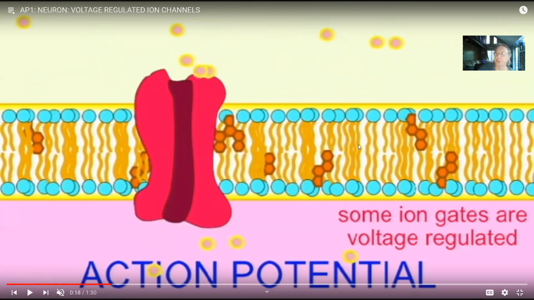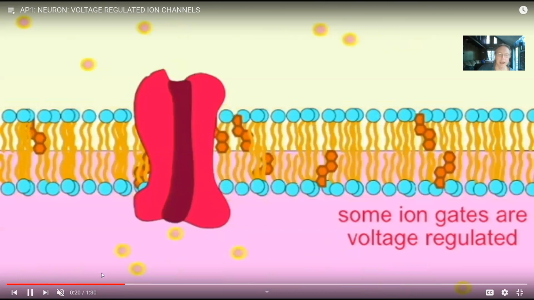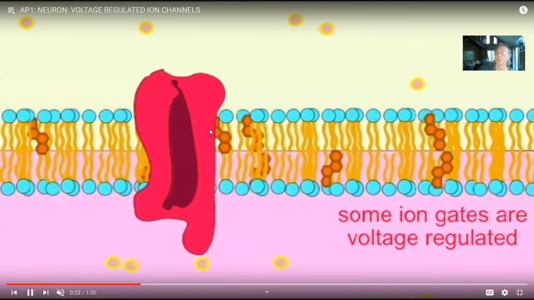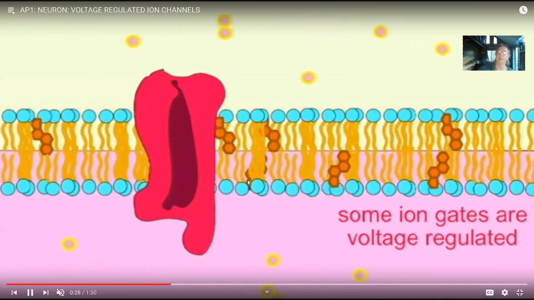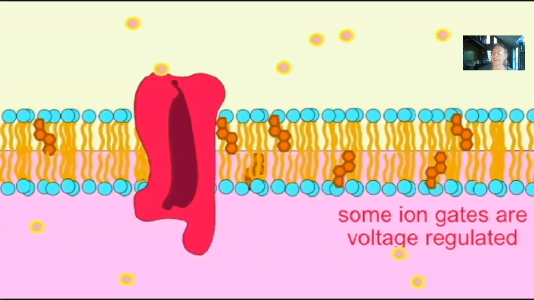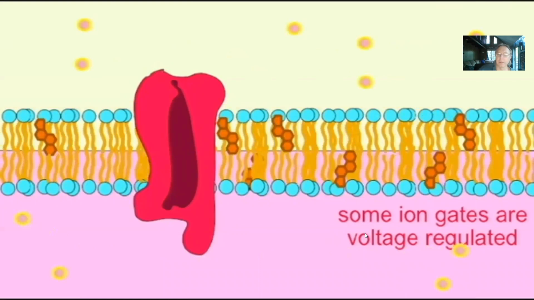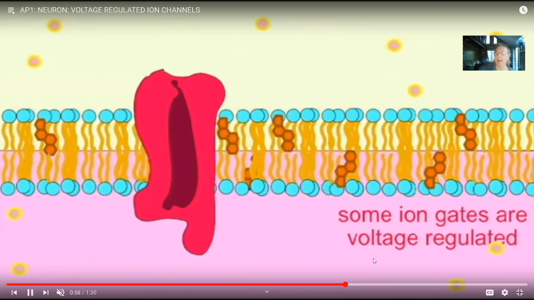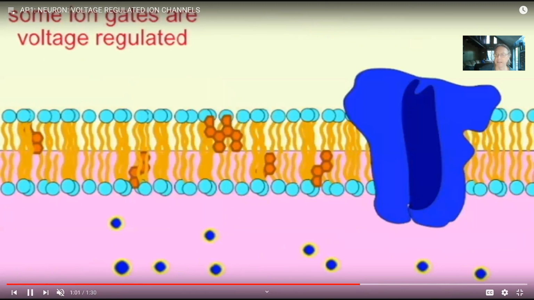The action potential changes the membrane voltage, which then changes these voltage regulated gates. So there are sodium gates, which are voltage regulated. At one voltage, they are open, and at another voltage, they are closed. And then in the same way, there are potassium voltage regulated gates. So remember that potassium is concentrated inside the cell and would like to leave.